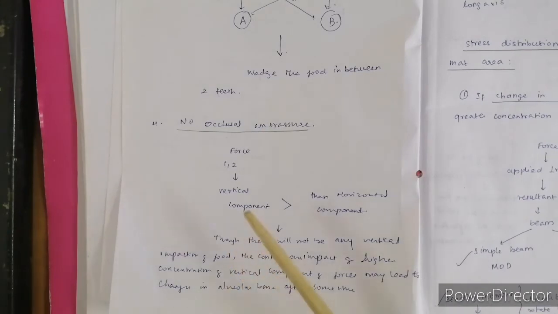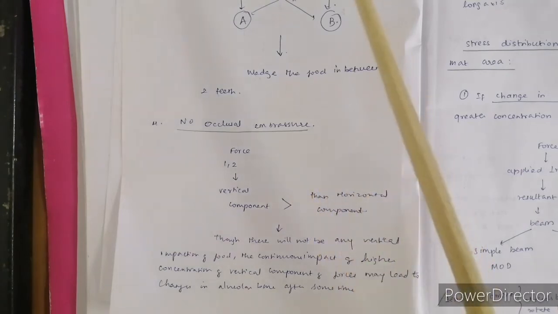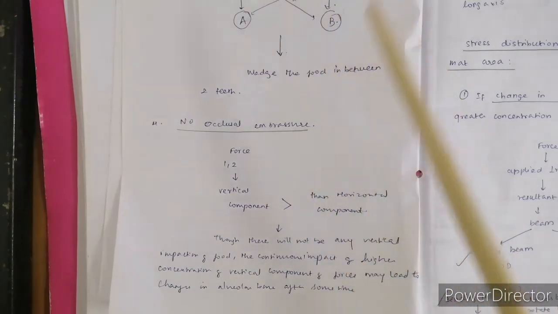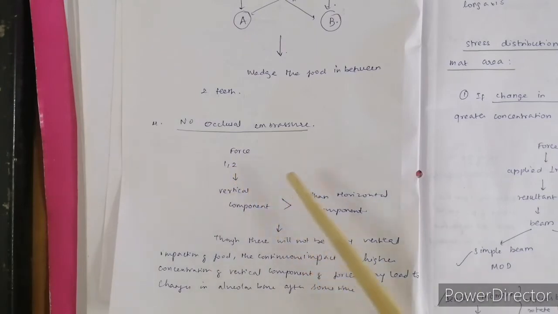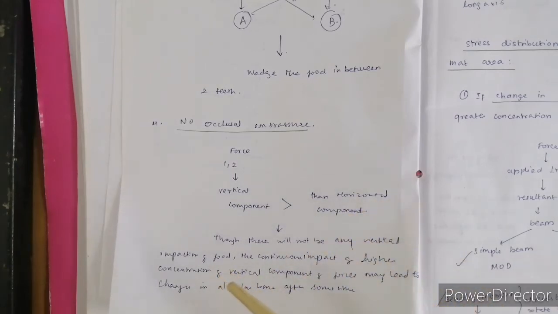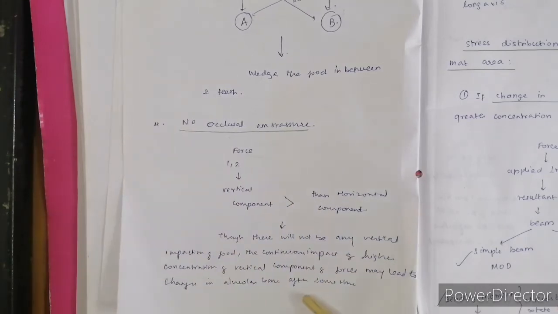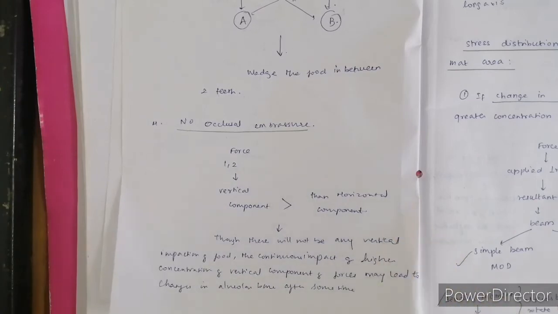Here the occlusal embrasure is wider, and when there is no space, the vertical component of force 1 and force 2 will be much higher than the horizontal component. So though there will not be any food impaction, because of this increased vertical load, damage may occur to the periodontium. So, these are a few examples.